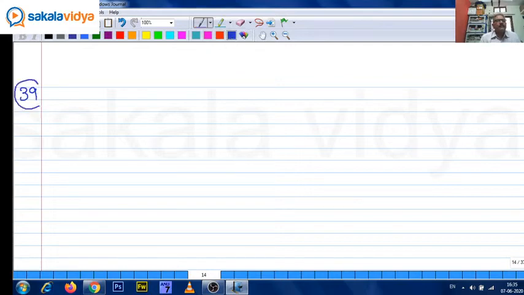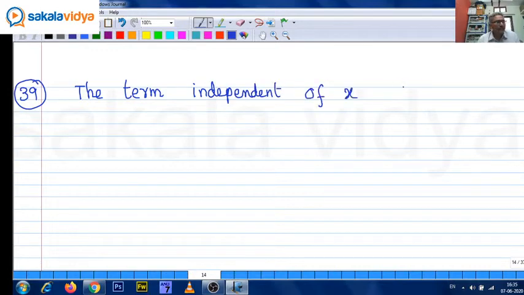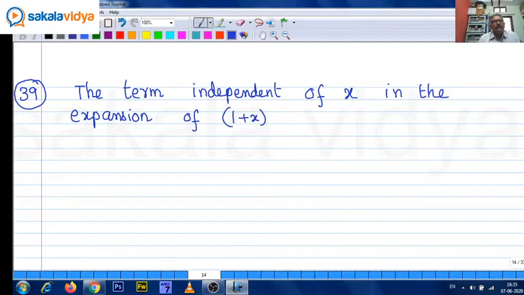Question number 39. The term independent of x in the expansion of (1+x)^10 multiplied by (1+1/x)^10 is the term independent of x in the expansion of (1+x)^10 (1+1/x)^10 that we need to find out.